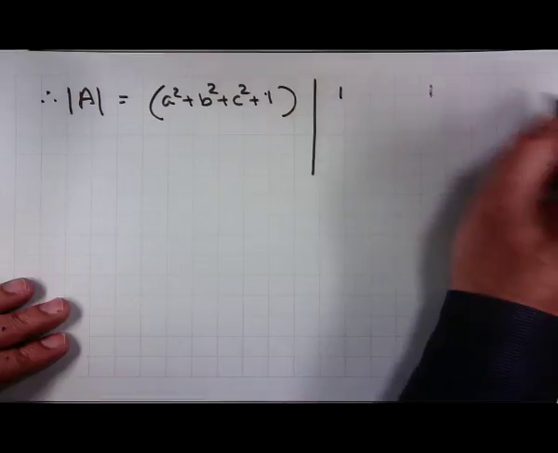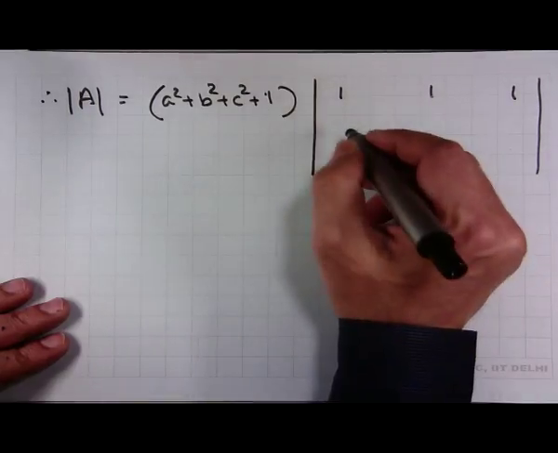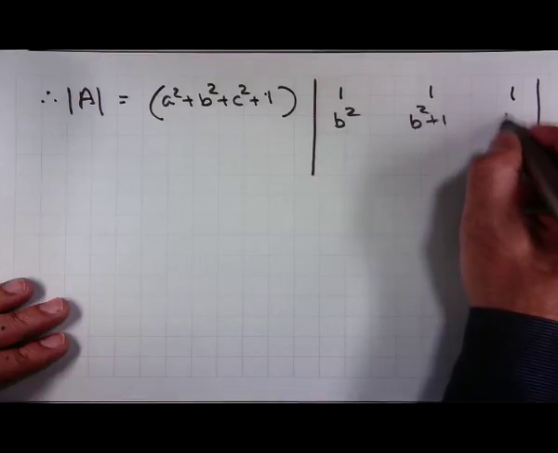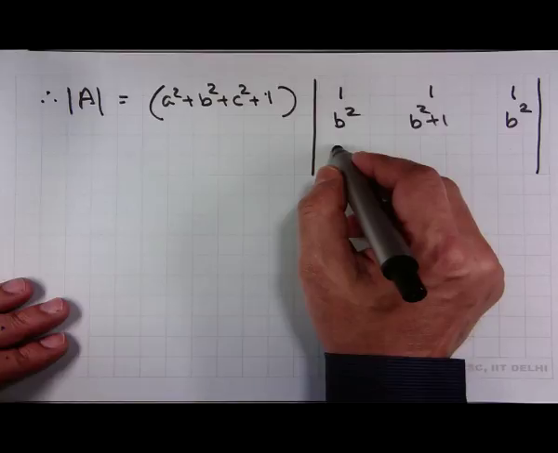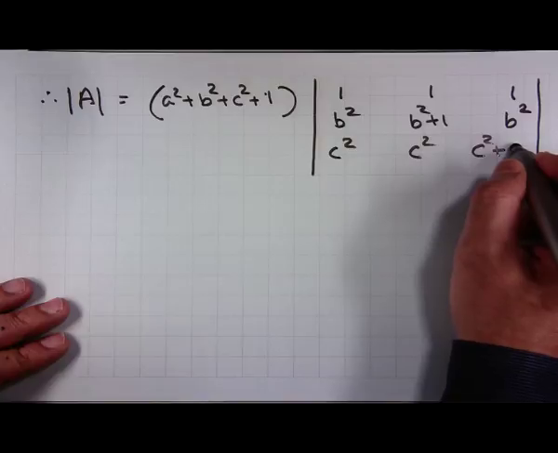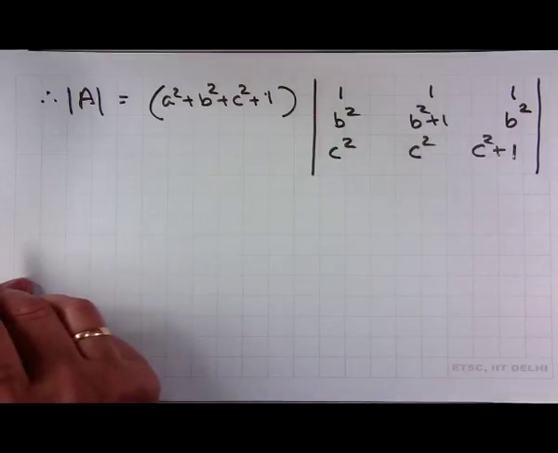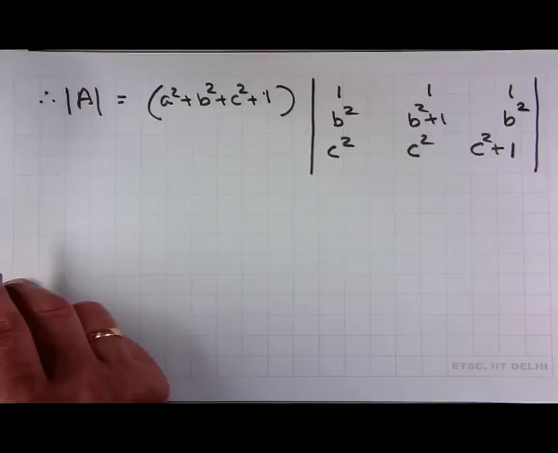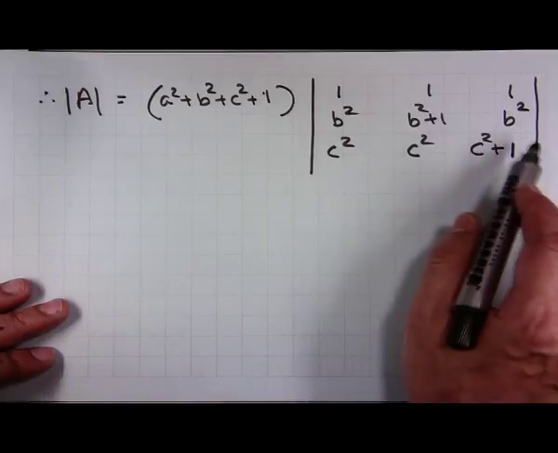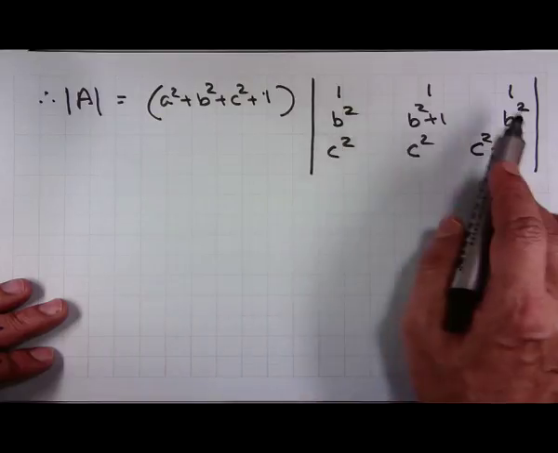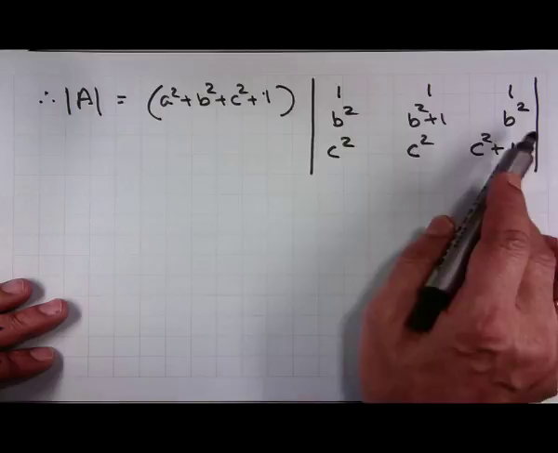the matrix with first row 1, 1, 1, second row b square, b square plus 1, b square, and third row c square, c square, c square plus 1. Now, let us subtract column 3 from column 1 and also column 3 from column 2.